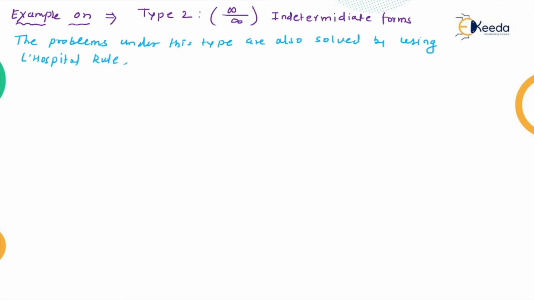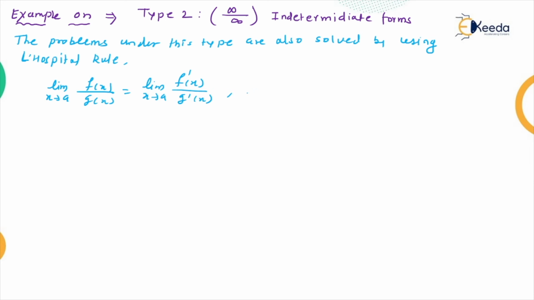When we apply L'Hospital rule, in this particular case, the limit as x tends to a of f of x upon g of x can be written as the limit as x tends to a of f dash of x upon g dash of x. This is the L'Hospital rule.